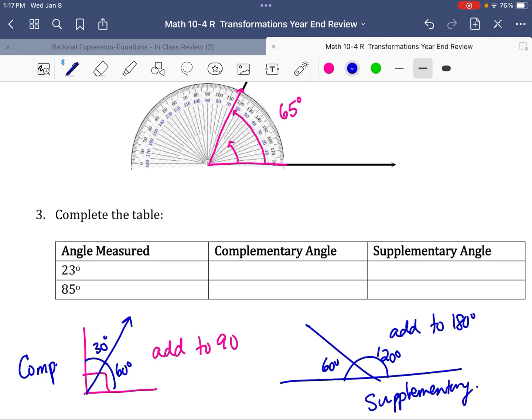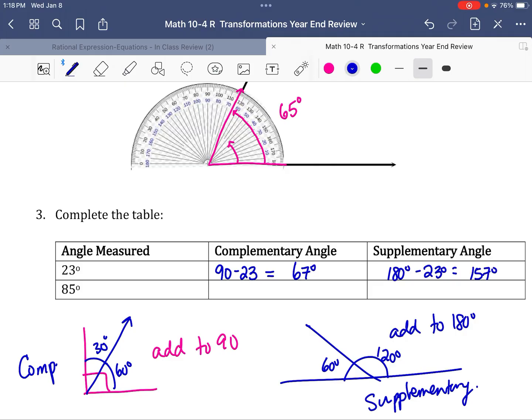Okay? So if we want the complementary angle, all we have to do is subtract the angle that we know about. So 90 minus 23 gives us, grab a calculator, 67 degrees. There we go. And the supplementary angle to that, you just subtract from 180. So 180 minus 23 gives me 157.